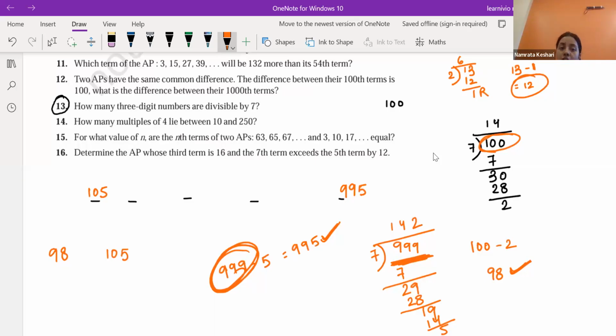It starts from 105. Next number will be 105 plus 7. Again, the next will be that number plus 7. So we are going to have 112. Now we realize this is the AP. Just a moment.